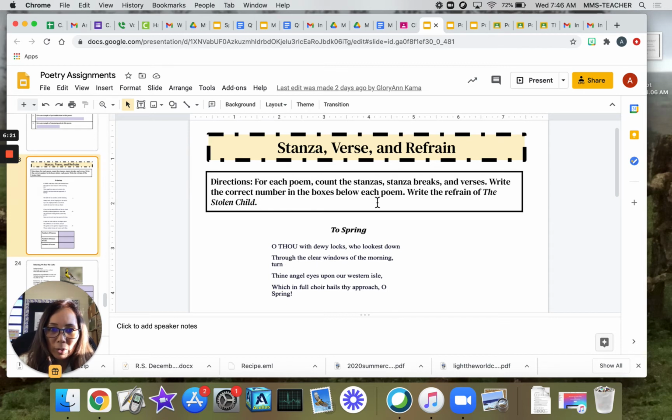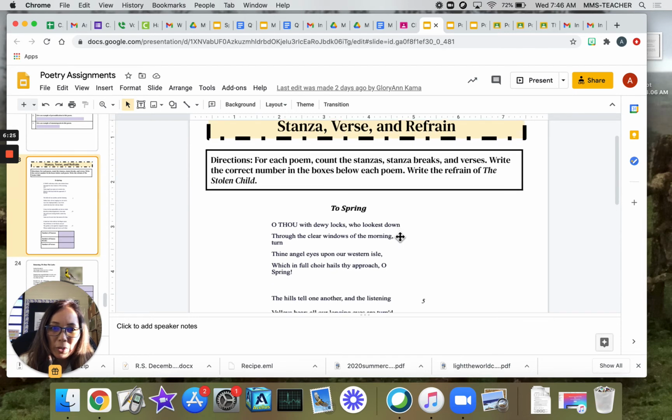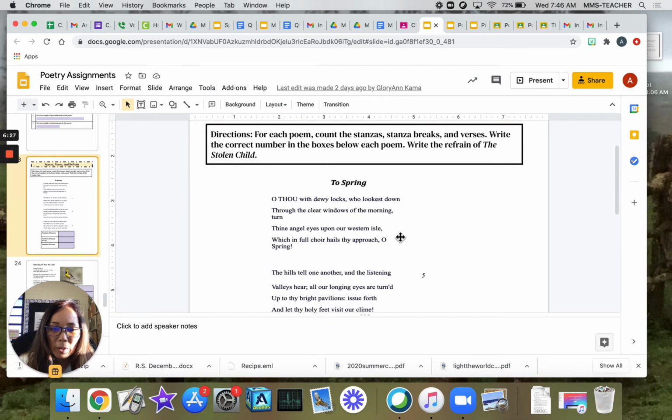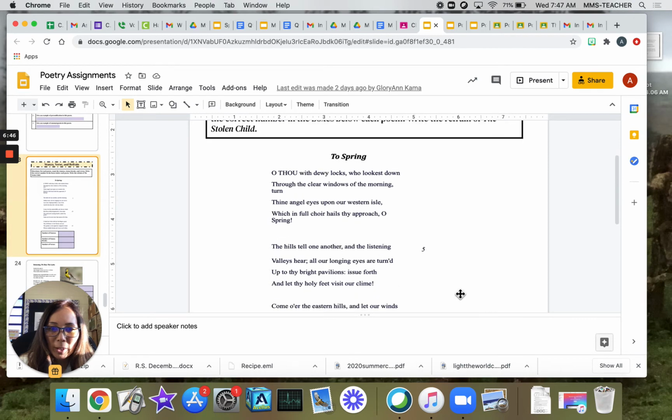Now you notice that there's a new word in there, stanza breaks. Stanza breaks are just the break between each stanza. So this first grouping, this first paragraph-looking thing, is a stanza. And the stanza break would be this space between this first stanza and the second stanza.